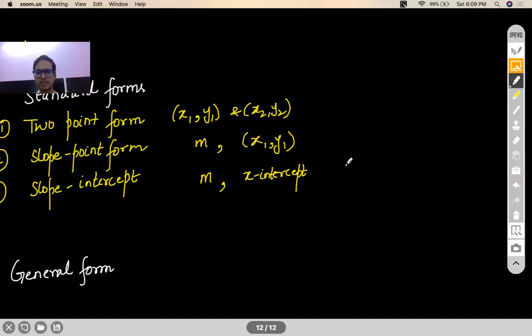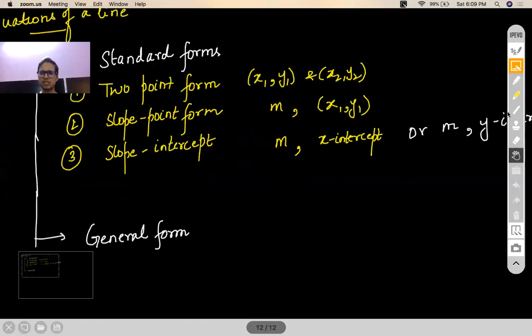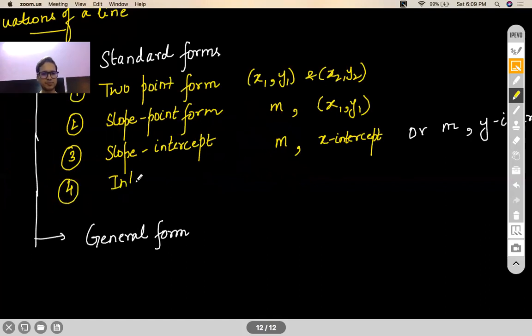X-intercept, or you would be given y-intercept. The fourth type of equation that we are going to study is called the intercept form. Let me write form everywhere. Intercept form. In intercept form, you will be given x-intercept and y-intercept.